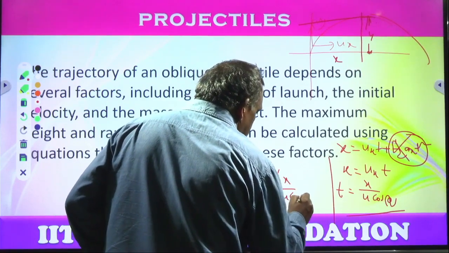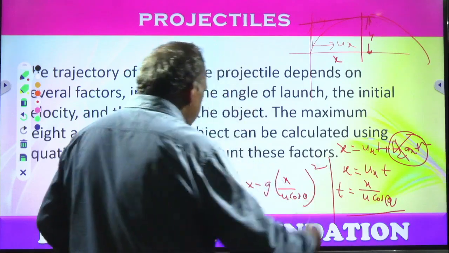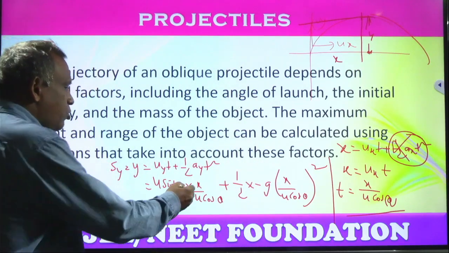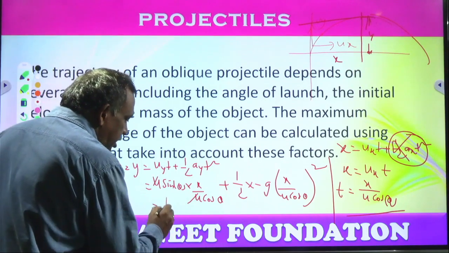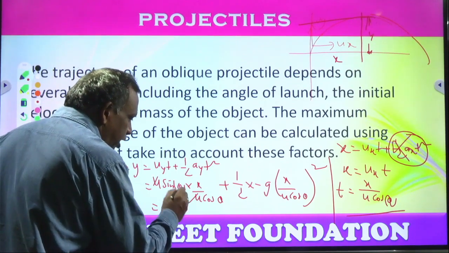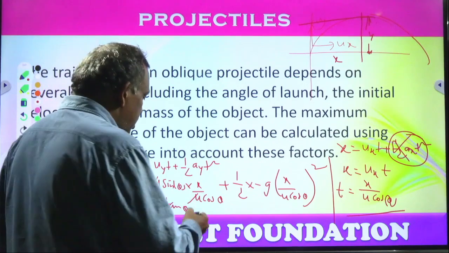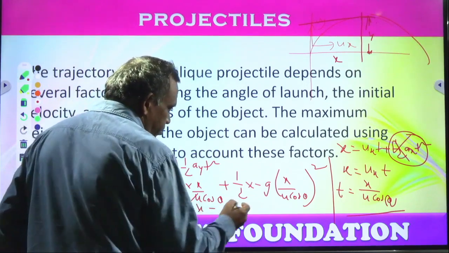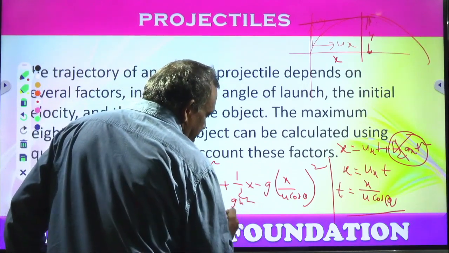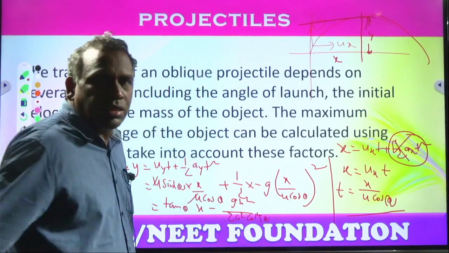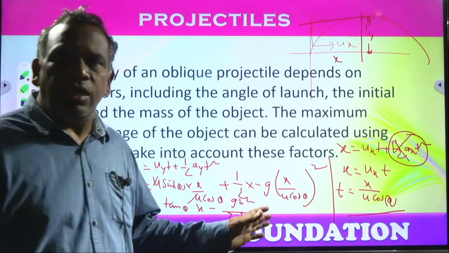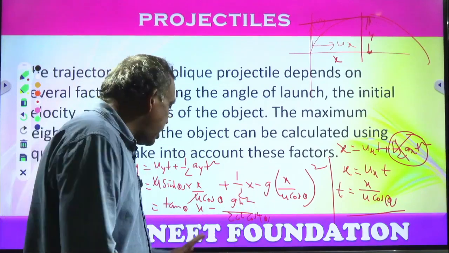Substituting, with ay equal to minus g, we get y equal to u sin theta into x by u cos theta minus half g into x by u cos theta whole square. Here u gets cancelled, and sin theta by cos theta is tan theta, so y is equal to x tan theta minus g x square by 2u square cos square theta. So this is the equation.